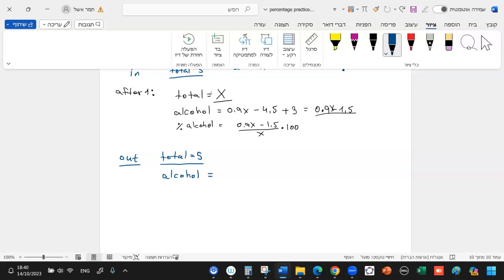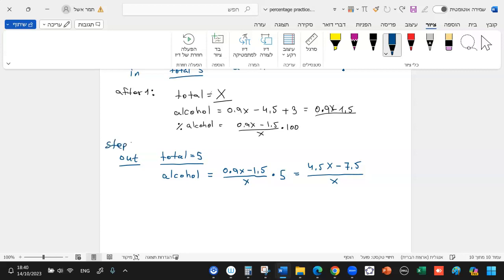We take the number of percent of alcohol over x times 100. Divide by 100, we will just leave it this way, times 5. This was taken out. Let's write it in another way. Just multiply 5 by 0.9x. This is 4.5x minus 7.5 over x. This is the amount that was taken out in the second step.